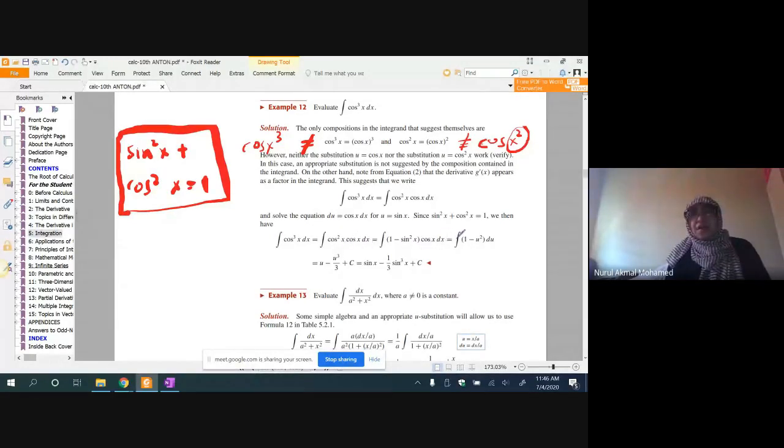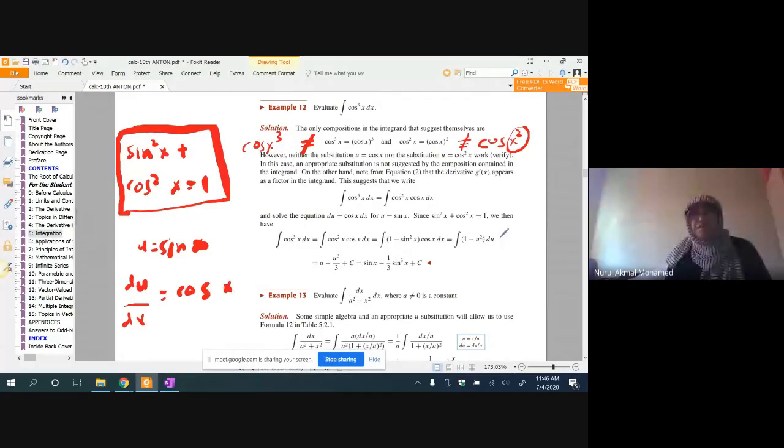Now you let u equal to sine x. Then this will be 1 minus u squared. Since u equal to sine x, du dx will be cos x, so our dx will be du divided by cos x.